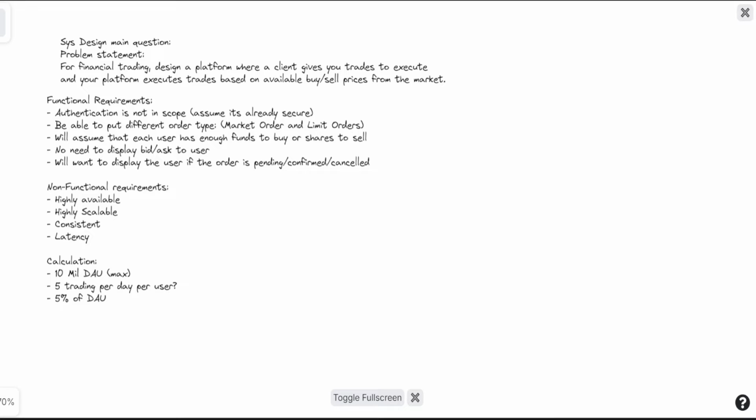In terms of storage, we need to store the transaction data of each order and what's executed and whatnot, so we'll calculate based on that.